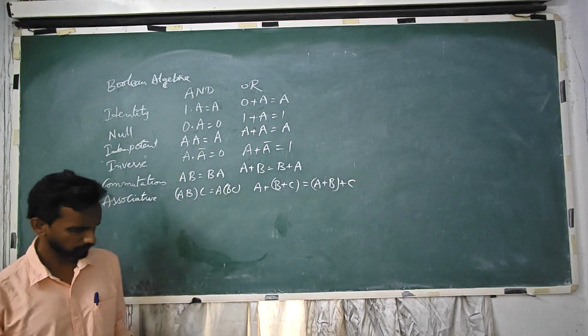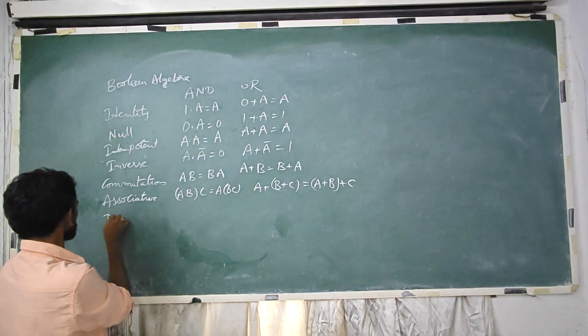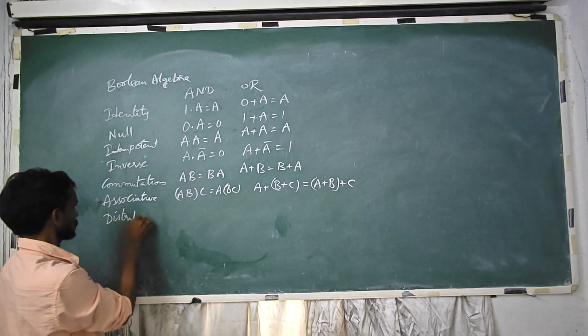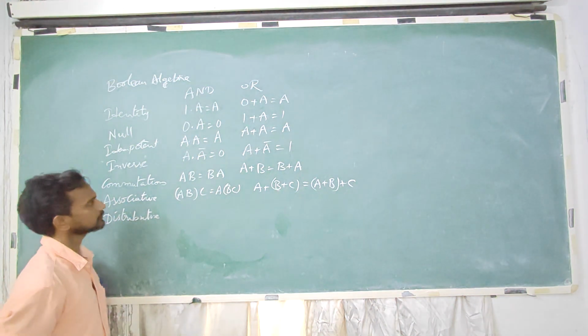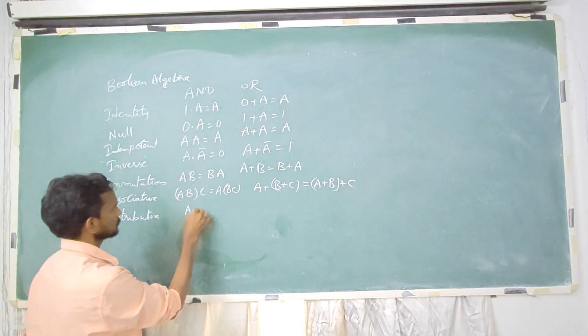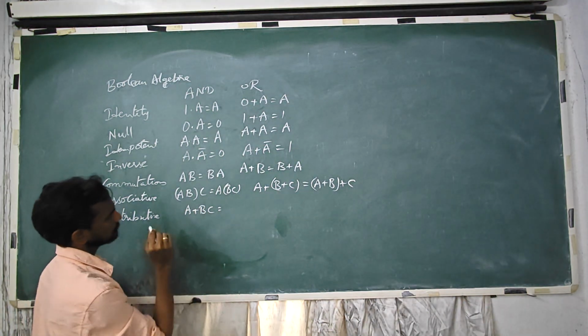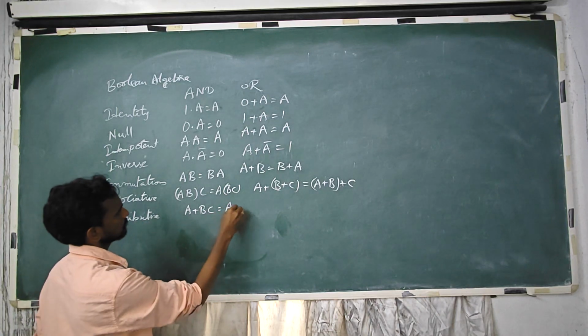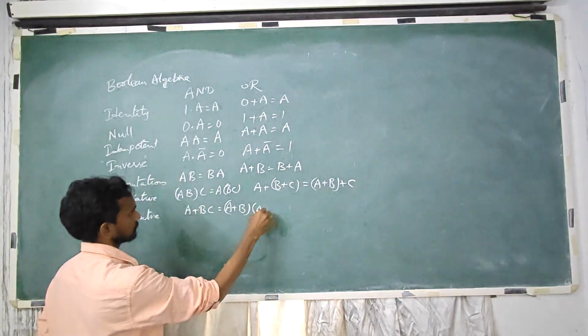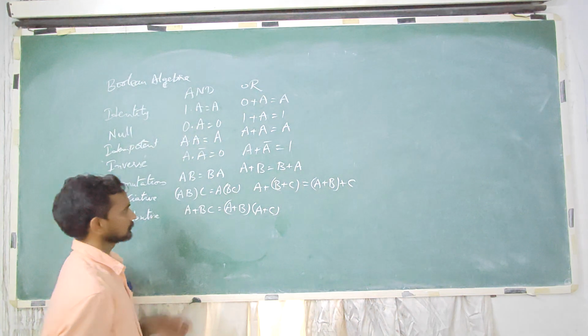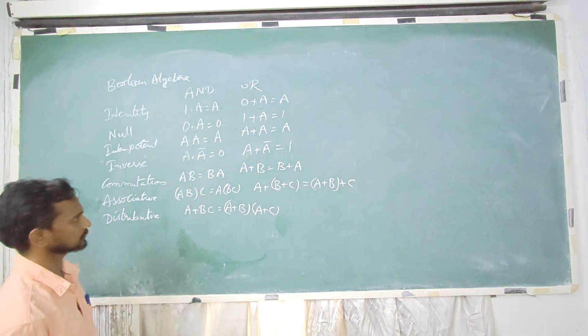Next one, distributive. A plus BC is equal to A plus B into A plus C. If you expand this, you should get this.